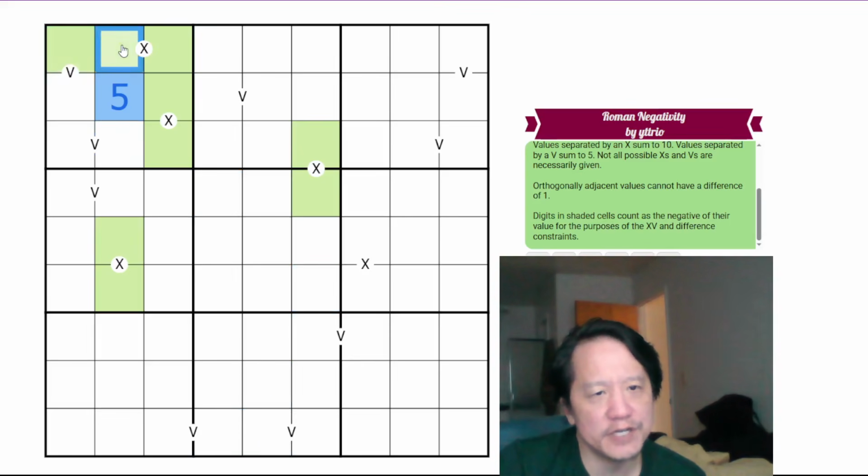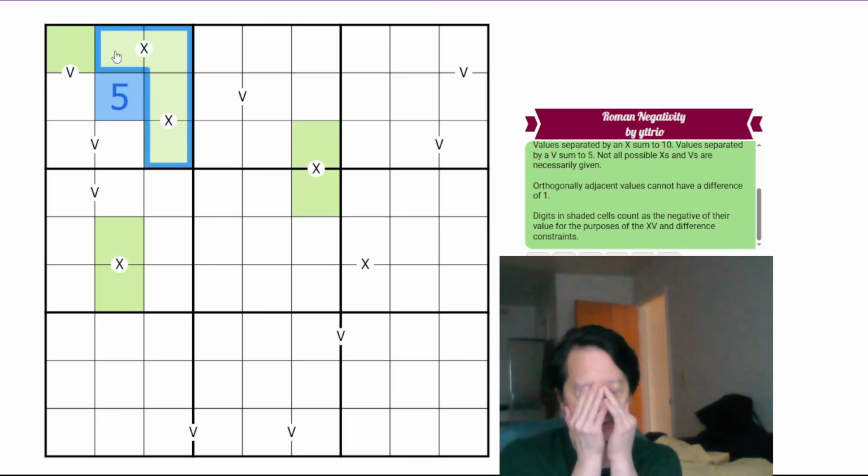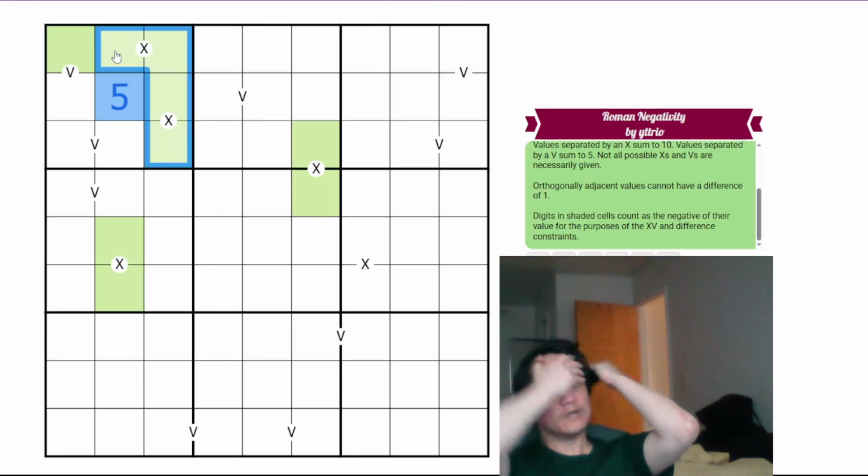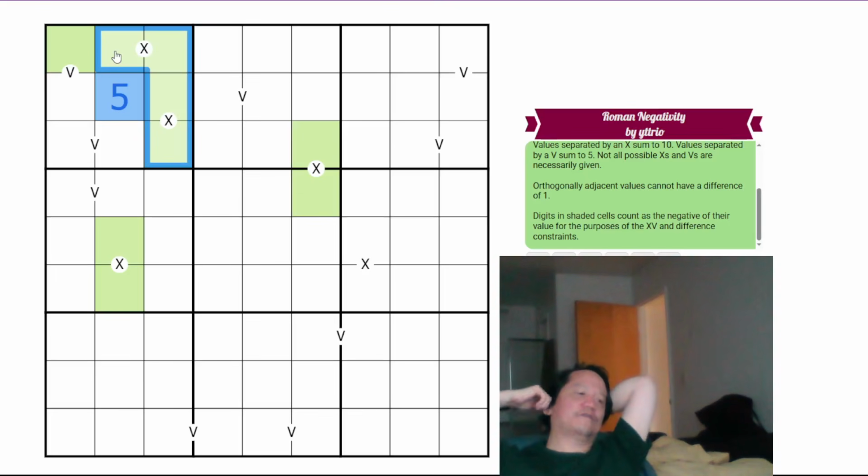That means the remaining digits here, to add up to 10, well, one of them is going to have to be negative. So you're going to have a digit 5 less than it subtracting out.